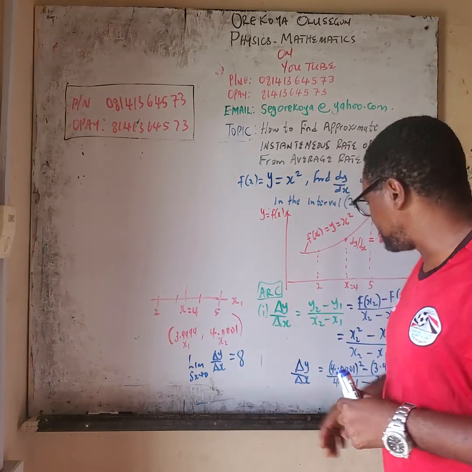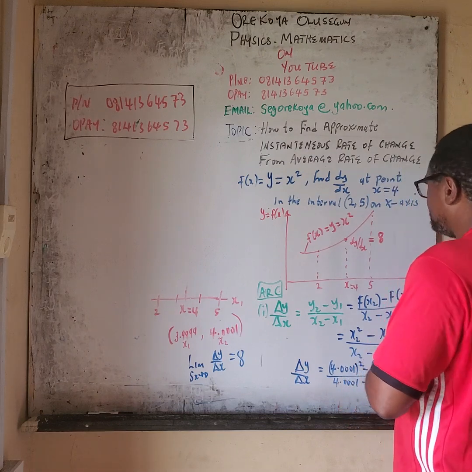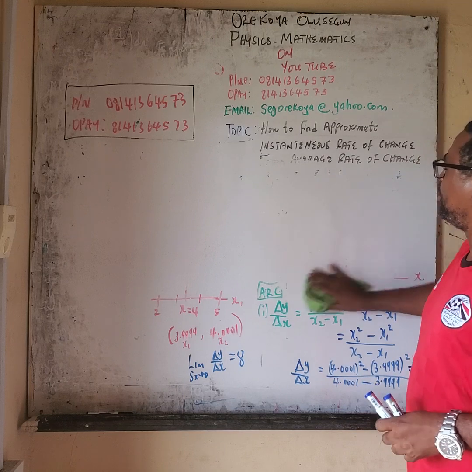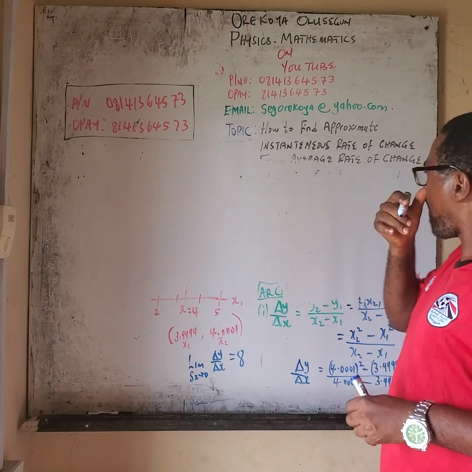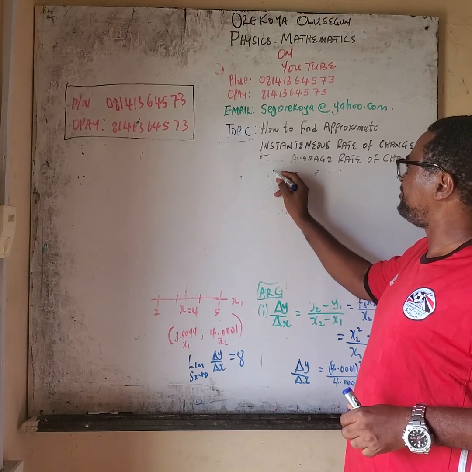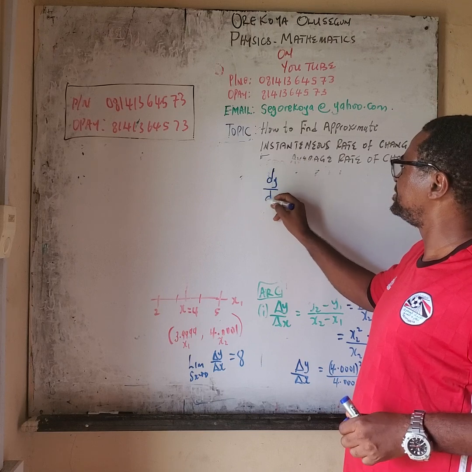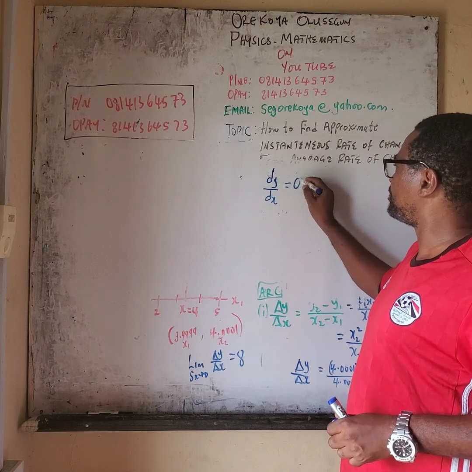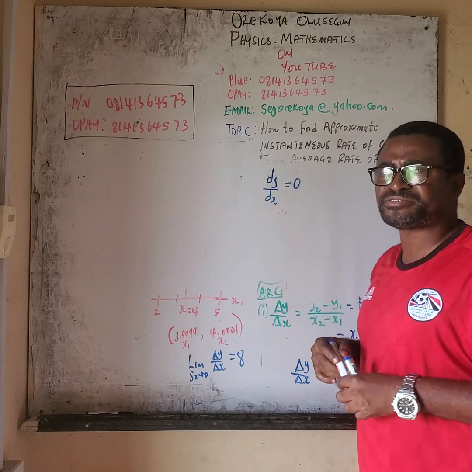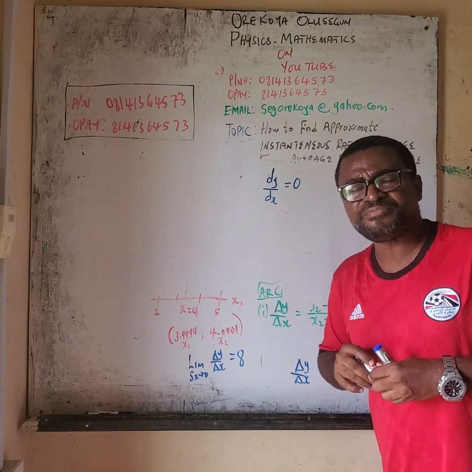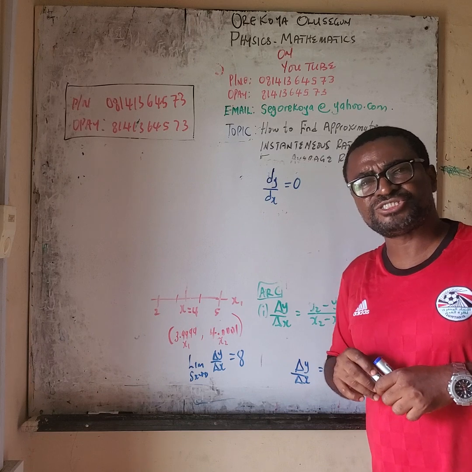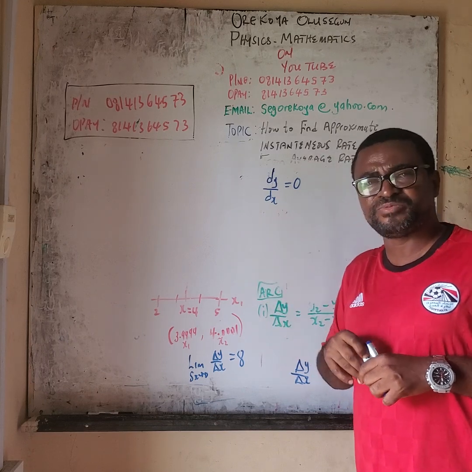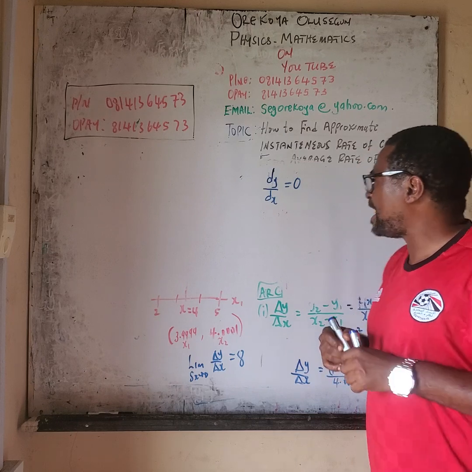Now, as a reminder, I want you to recall something, please. When your derivative dy/dx is equal to 0, that means the instantaneous rate of change of the dependent variable is 0.